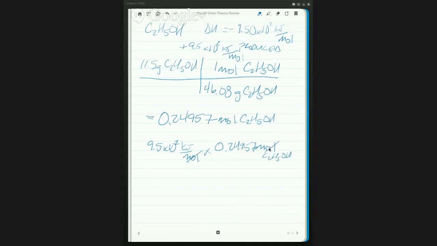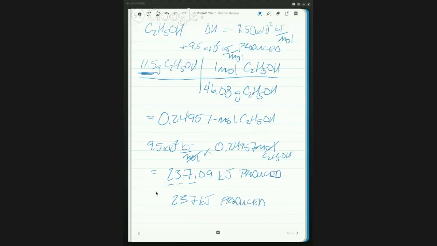The moles right here will cancel and multiply those two together, and the answer is 237.09 kilojoules produced. Okay. Now this one is, because 11.5 is our measurement that was given to us, 3 sig figs, 1, 2, 3. So the answer is actually 237 kilojoules produced.